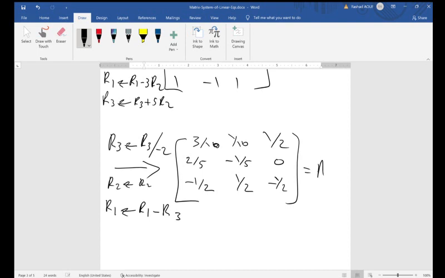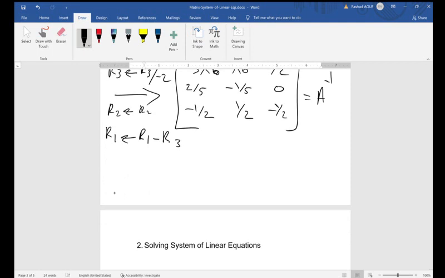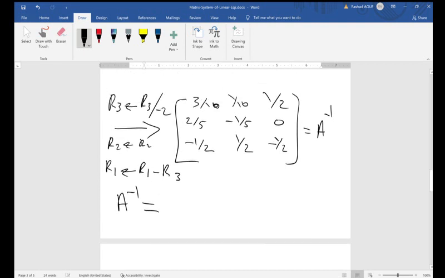This is equal to A minus 1. If you want, I can put it like this: A minus 1 equals, I take 1 over 10 out of the matrix, and the result will be like this: 3, 1, 5; 4, minus 2, 0; and minus 5, 5, minus 5.